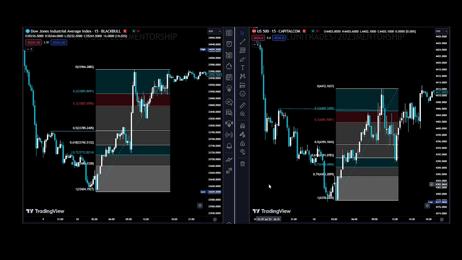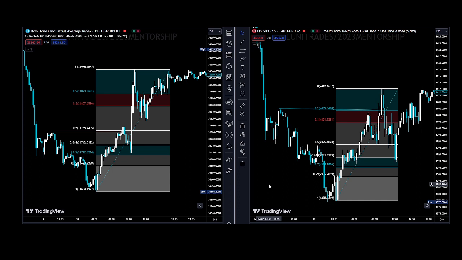Now, what is relative strength analysis? It is analysis you do towards a positively correlating market, so markets that are moving in the same direction.